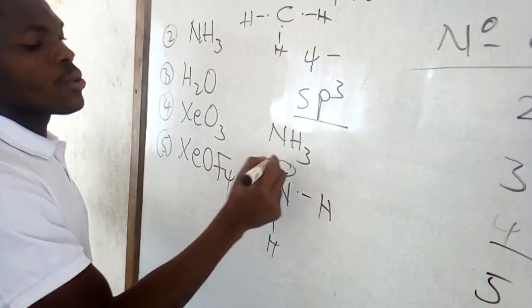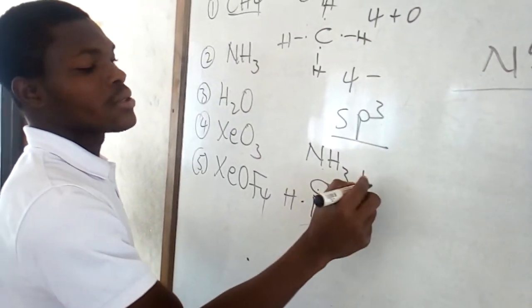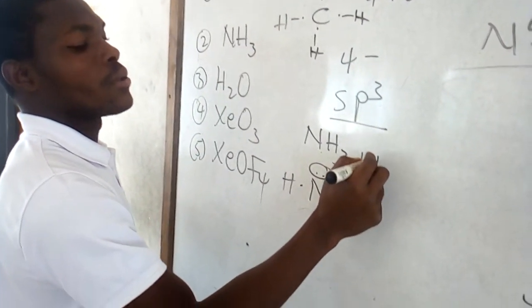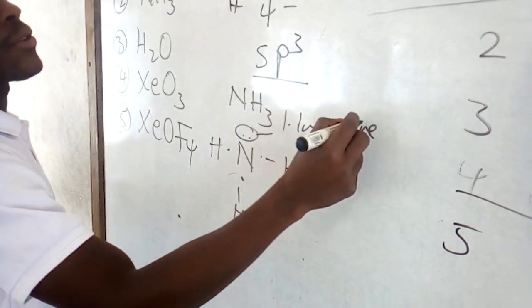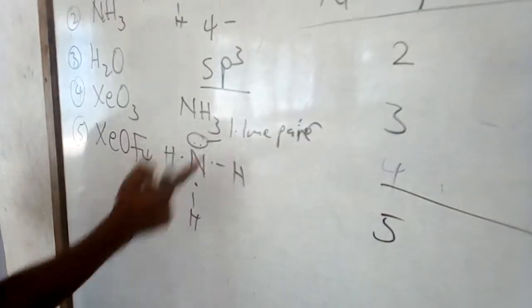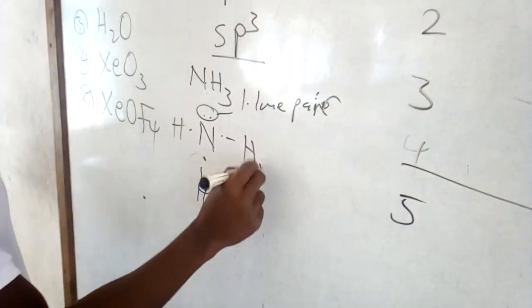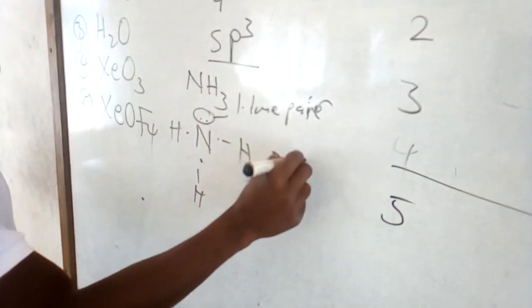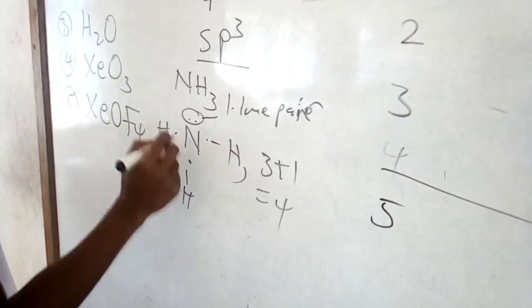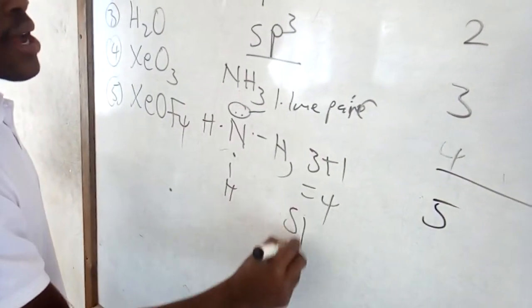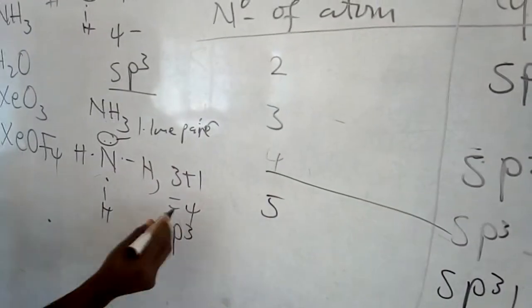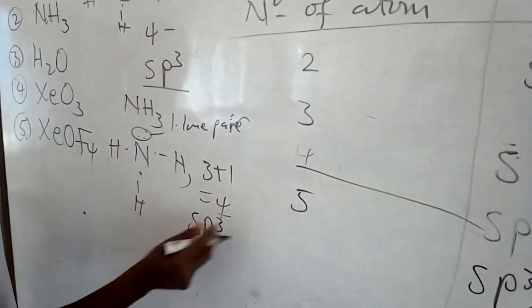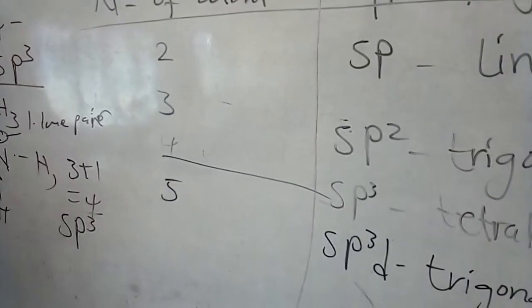So it's left with only 1 lone pair of electrons. So here, 3 atoms plus 1 lone pair will give us 4. Hence, NH3 will undergo sp3 hybridization because the number of atoms plus the lone pair gives a total of 4.